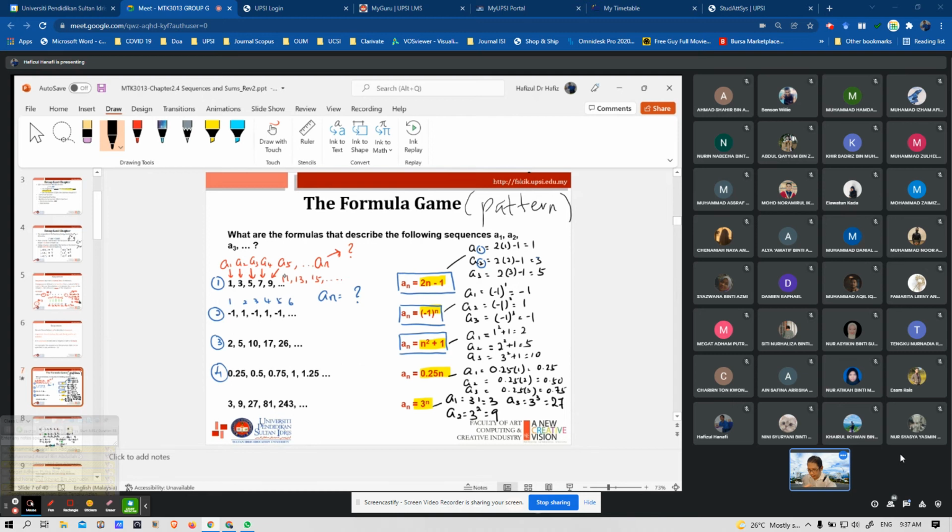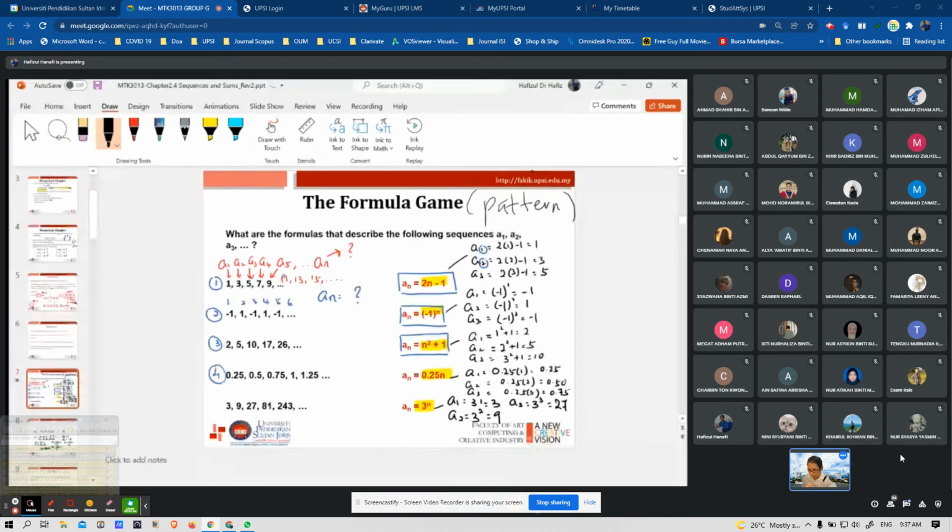So 1 squared plus 1 is equal to 2, 2 squared plus 1 is equal to 5, 3 squared plus 1 is equal to 10, and so on. a_n equal to 0.25 and so on. This one is a pattern. What is the formula that describes the following sequences for a1, a2, a3, and so on?